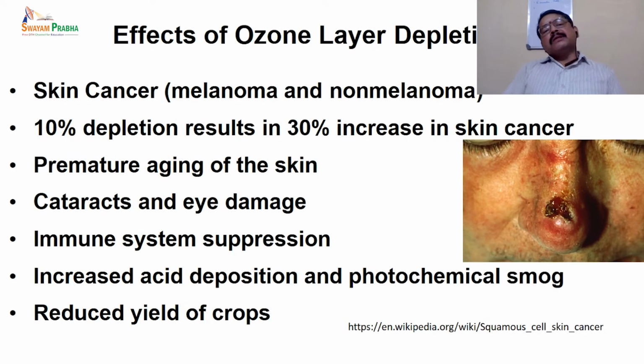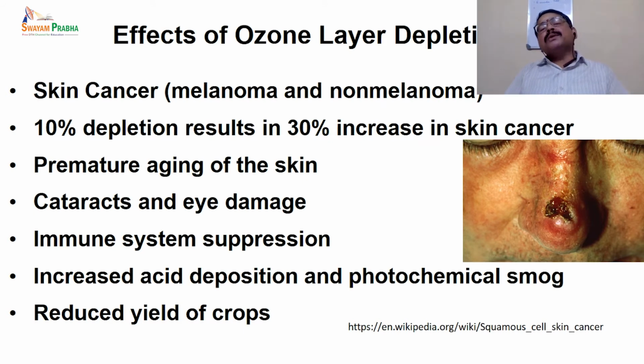Now, when you look at the effects of ozone layer depletion, the first thing is it causes skin cancer. The ozone layer acts as a protective shield against the harmful ultraviolet radiations emanating from the sun. It acts like an umbrella, protecting or filtering.